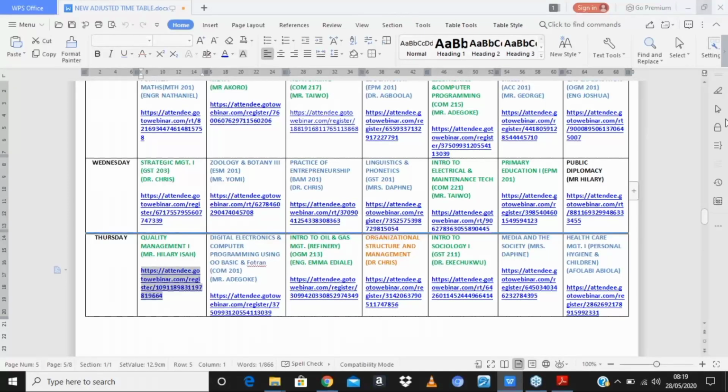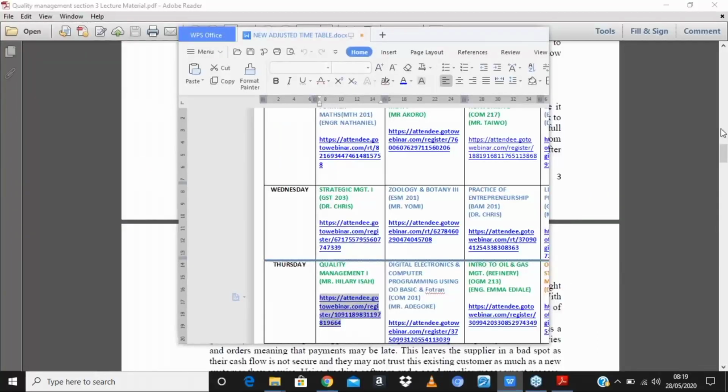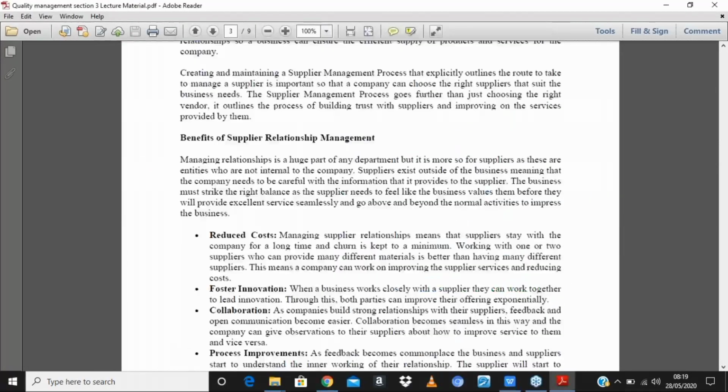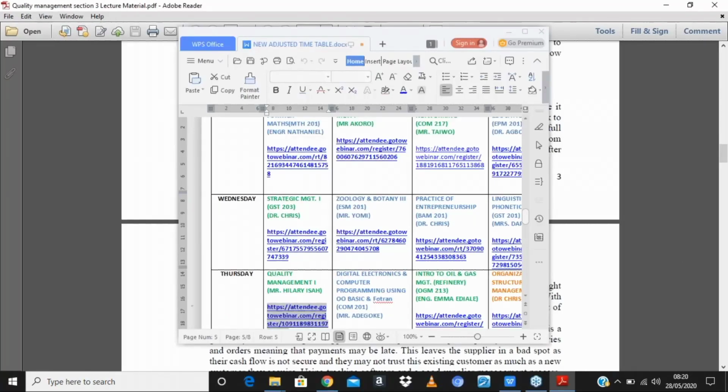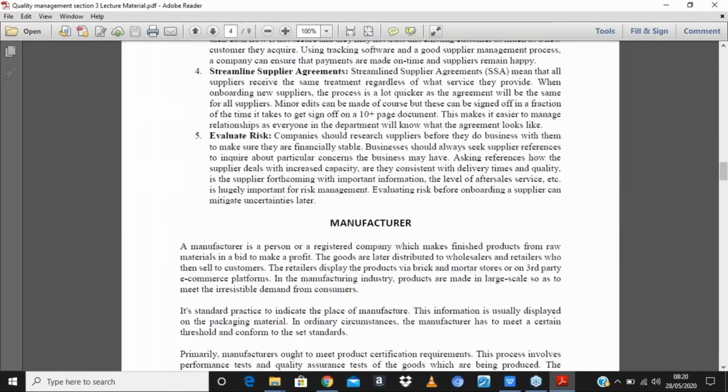Then you're also able to improve on technology. Then you are also able to evaluate risk and streamline supplier agreements. These are best practices in the field of supply chain management.